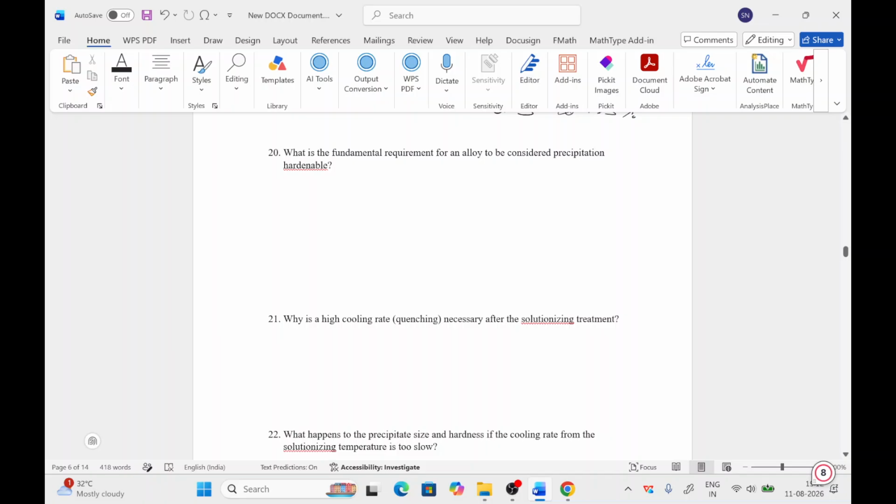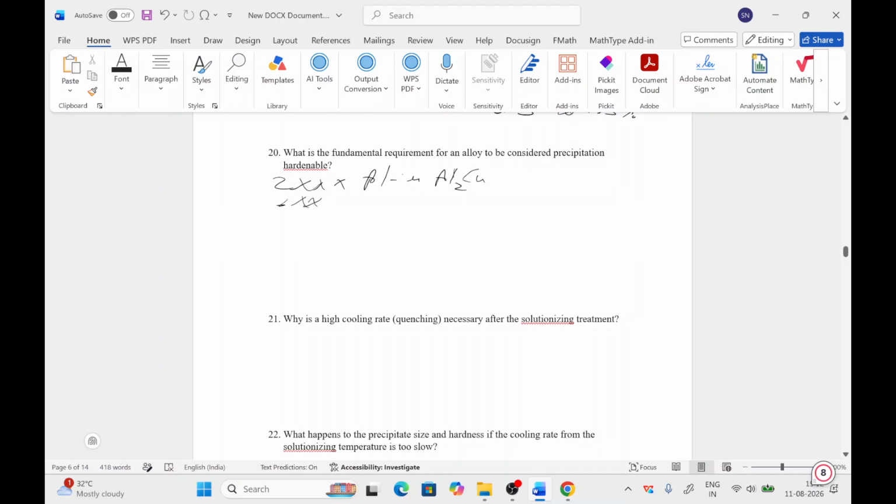The major precipitation hardenable alloys are the 2000 series, which is aluminum copper, in which Al2Cu precipitate forms.